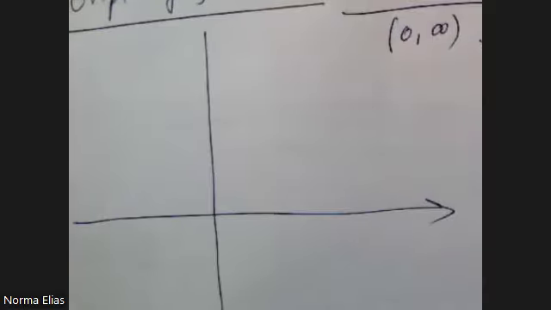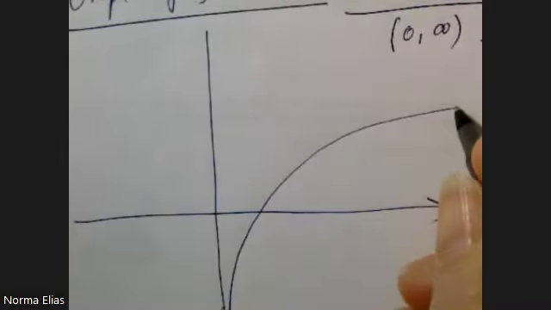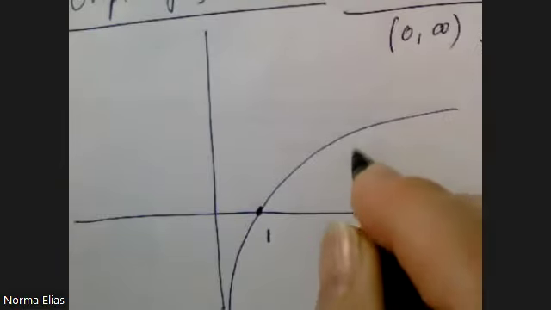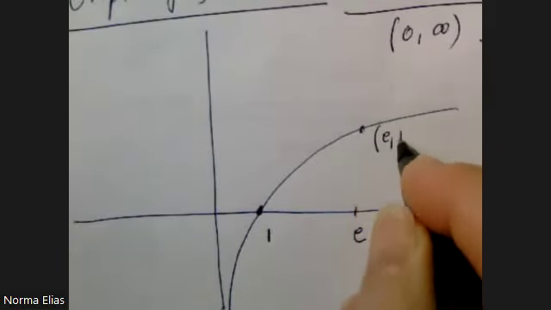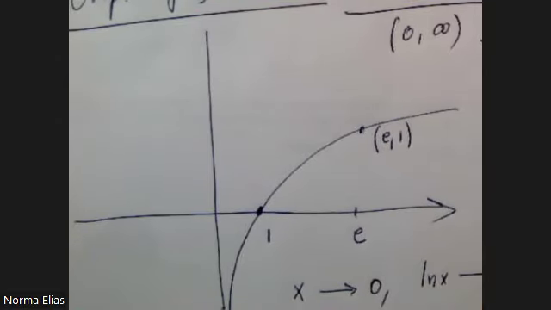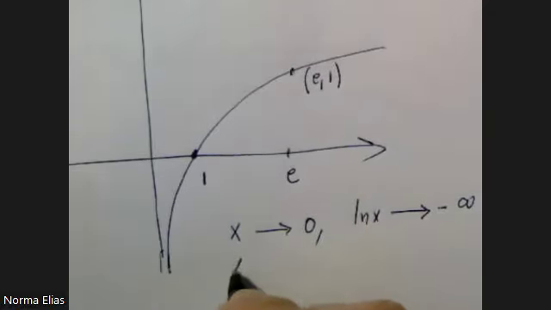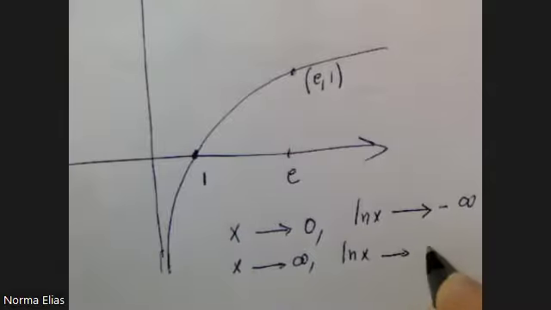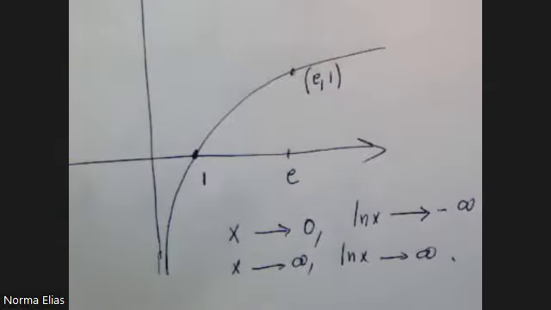And the graph is like that. This is 1. At e, we have the value of 1. As x becomes close to 0, ln of x goes to minus infinity. When x becomes very large, the ln also goes to plus infinity. Important features of the graph.